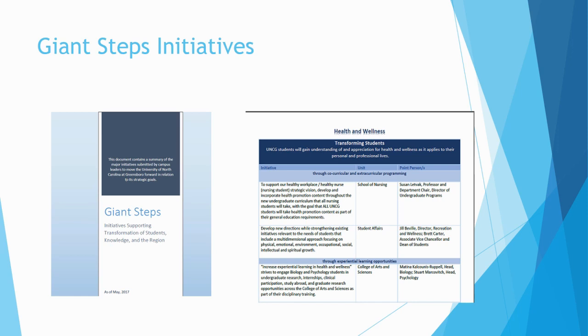You can get there by going to assessment.uncg.edu, clicking on the Strategic Planning link, then selecting Giant Steps Initiatives. I encourage you to read through these to be aware of the variety of projects happening across campus and contributing to the strategic plan. With that, let's return to how this relates to academic assessment reporting.